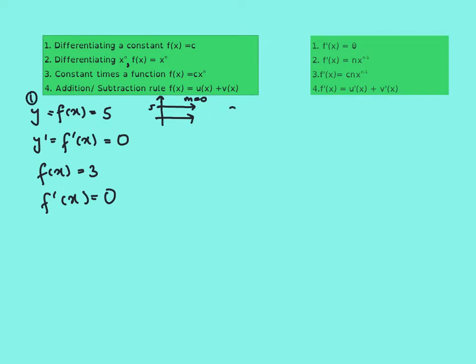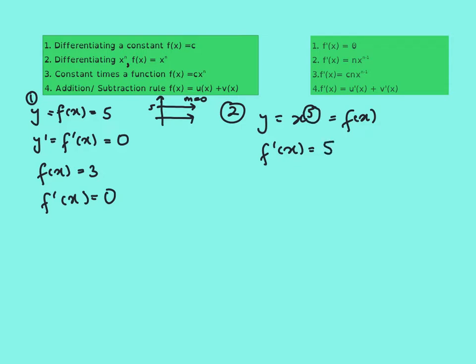Now let's have a look at some examples, for example, y is equal to x to the power of 5. So this is the same as f of x, just to remind you. So f dash of x is equal to, according to this rule, the power here needs to be written in front of x.